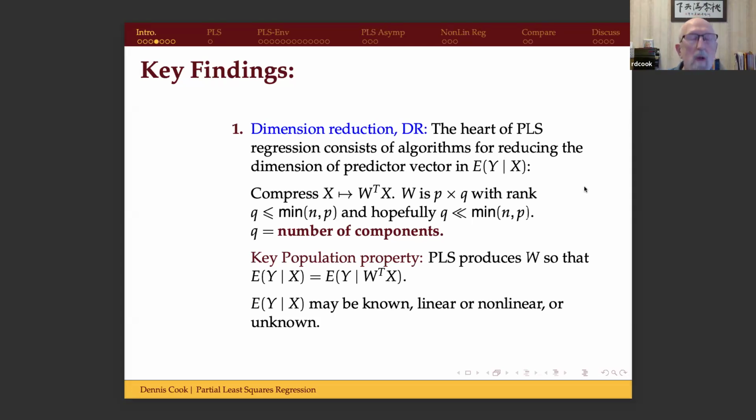So Q is 2 by using partial least squares. You don't know what the conditional mean is, but now you're in the position of being able to do graphics that will give you lots of information about the conditional mean. So the dimension reduction might be a prelude to doing graphics, or it might be a prelude to prediction, estimation, a lot of different things at this point.